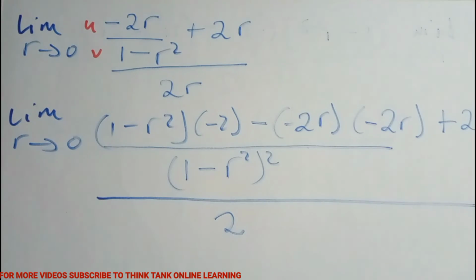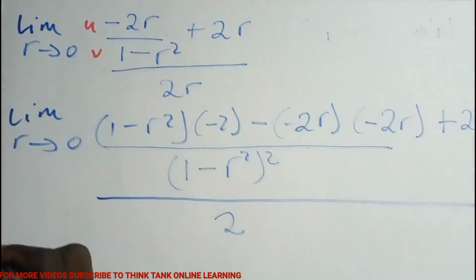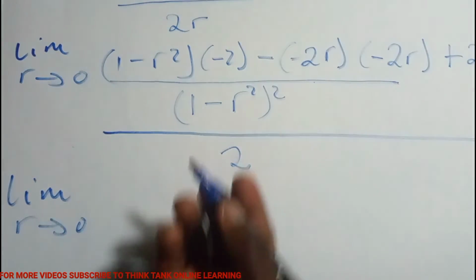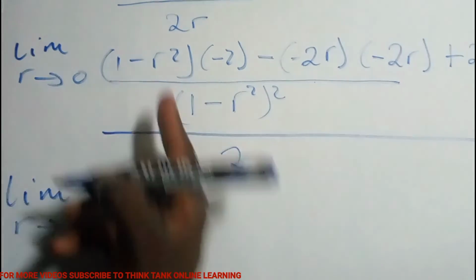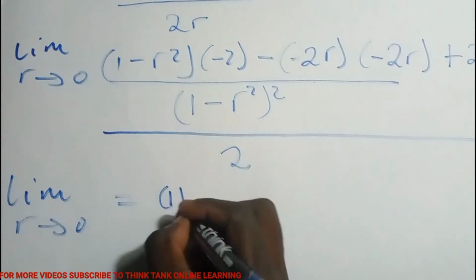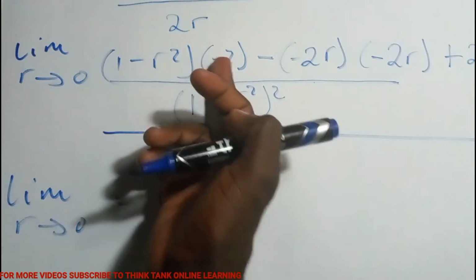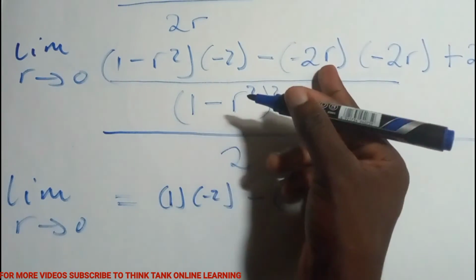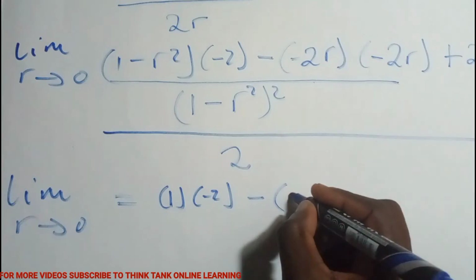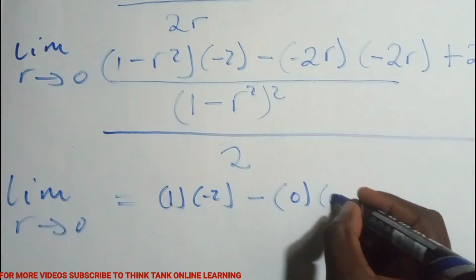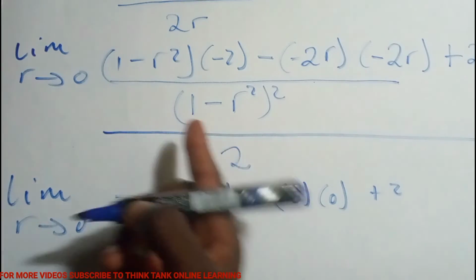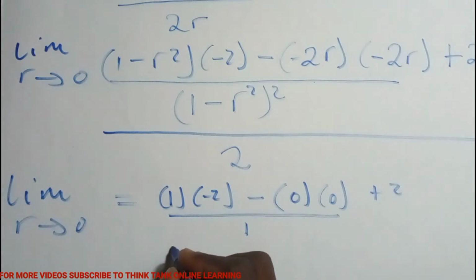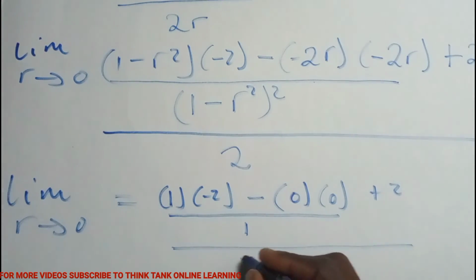Now if I plug in r, the limit as r approaches 0 is equal to 1 minus 0, which is 1, times negative 2, minus negative 2r, which is 0 times 0, plus 2, and here 1 minus 0 gives 1, all divided by 2.